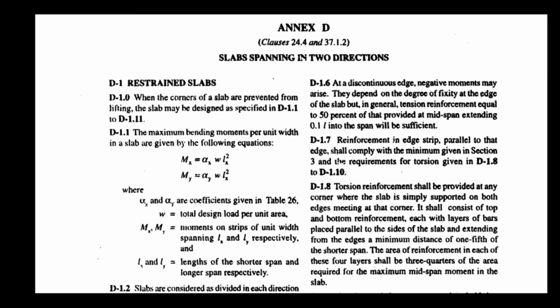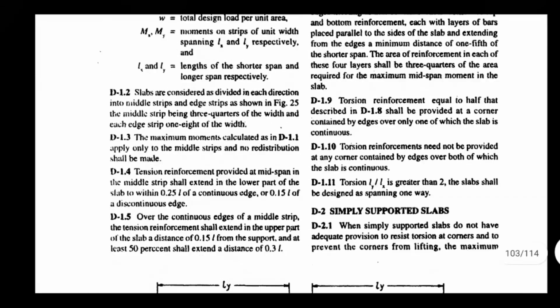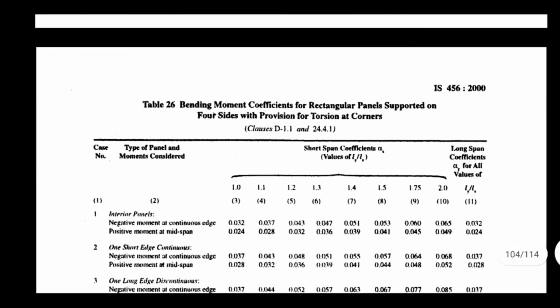So let's check table number 26. So formula for moment in shorter span Mx is equals to alpha x w Lx square, and for longer span My is alpha y w Lx square. Let's check table number 26.